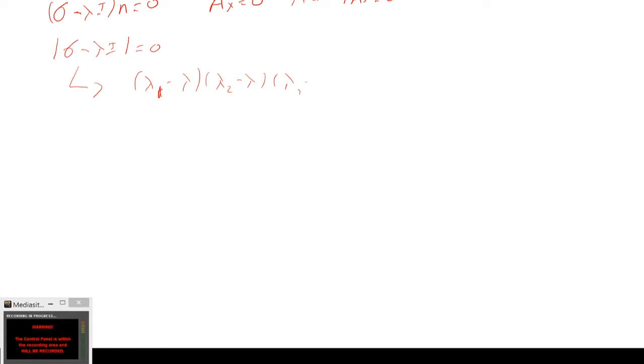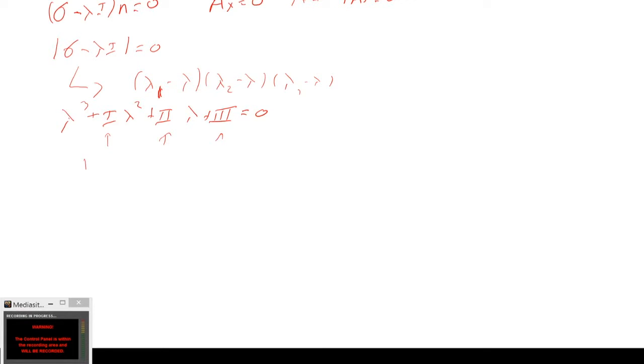Like this, and that gives us the characteristic polynomial. Right? Where these are the invariants of our tensor.